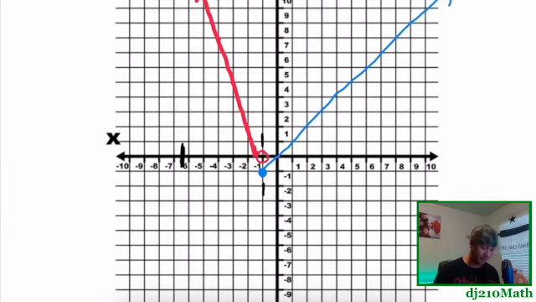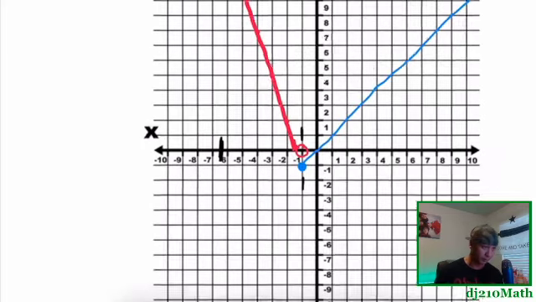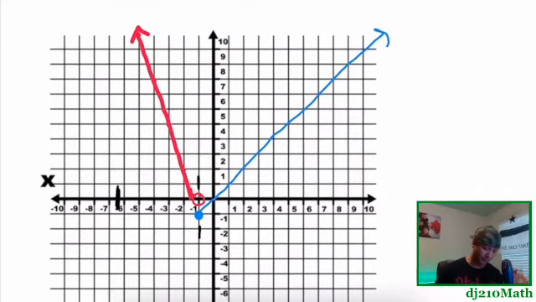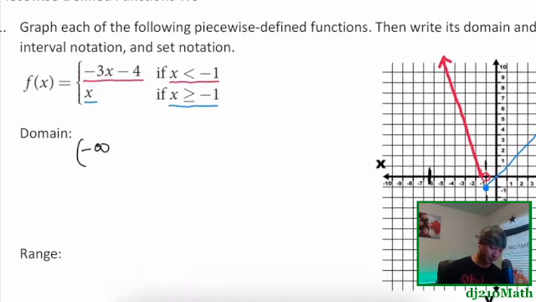People tend to get nervous, but when you have a closed circle and an open circle on top of one another, you can basically consider this to be continuous in terms of x, because where the red leaves off, the blue picks up right away, because one's closed and one's open. And then it continues towards positive infinity, because that's what the arrow on the blue side represents. So this is basically negative infinity to infinity. This is interval notation.